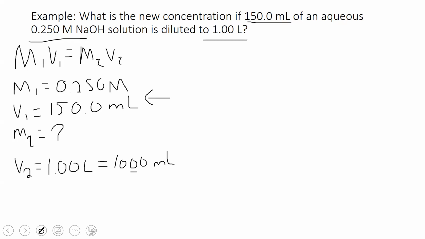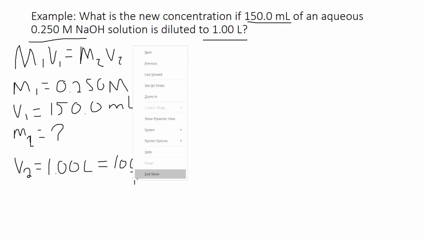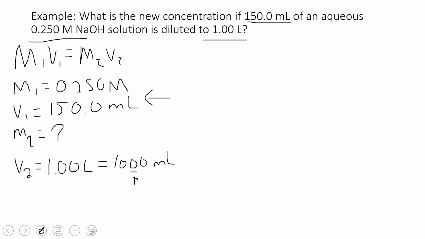I underline that 0 so that I know I've got 4 significant figures in the final volume, to remind myself how many sig figs there are in a given calculation. And then we just plug these in and solve.